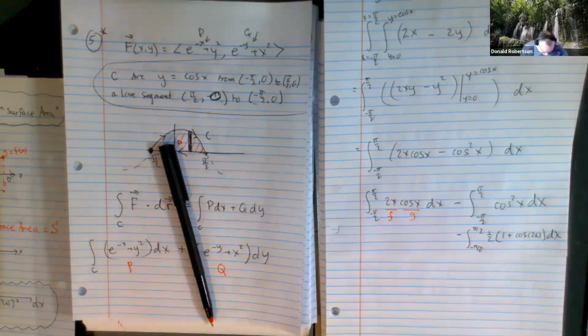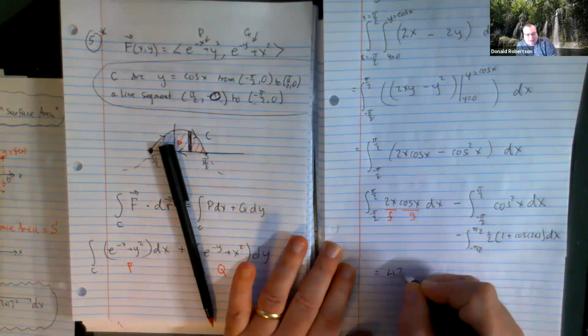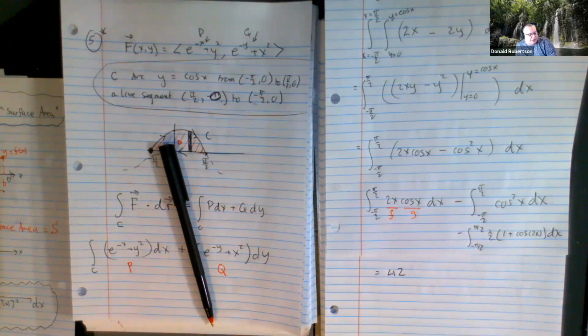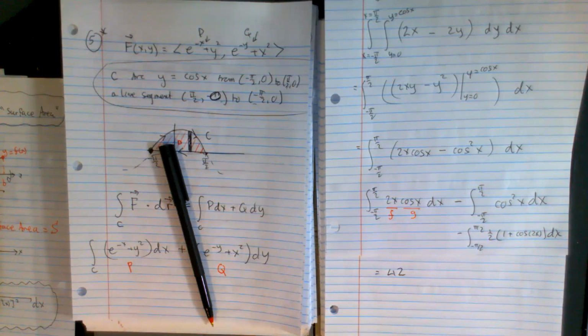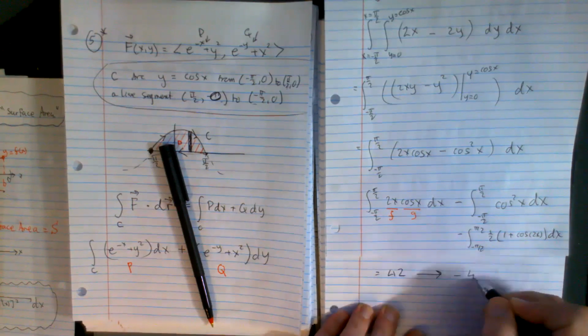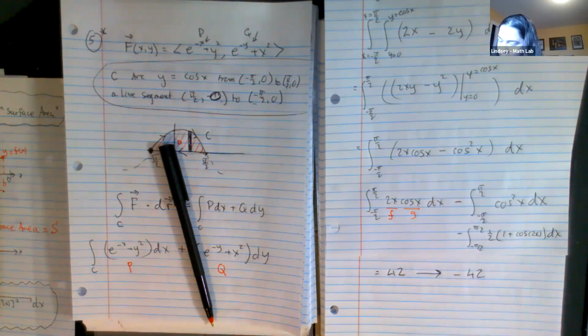It works. Right, I do all of that and I get the answer 42 and you're dead happy and you move on and you stick it in WebAssign and it says you're wrong. By the way, the answer's not 42, but just pretend it was, right? You've got to flip your sign, because we're going clockwise now.